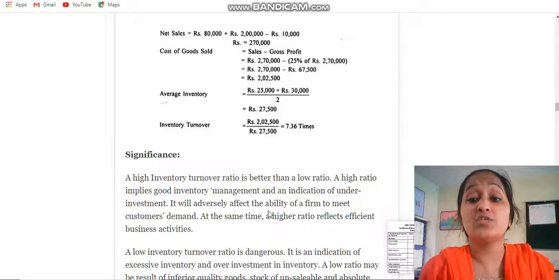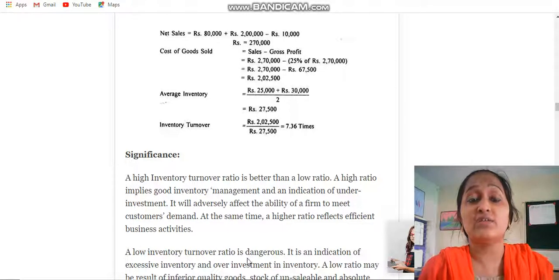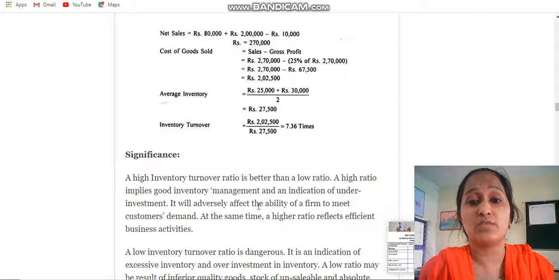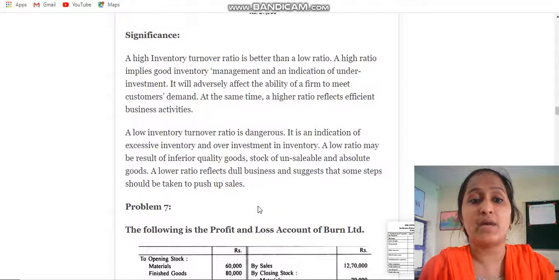It is going to help the management take the right decision in a problematic situation. A low inventory turnover ratio is very dangerous, because when stock is not available in the warehouse, it is very difficult to supply goods and services to the customer. That is the reason it's a very important part.